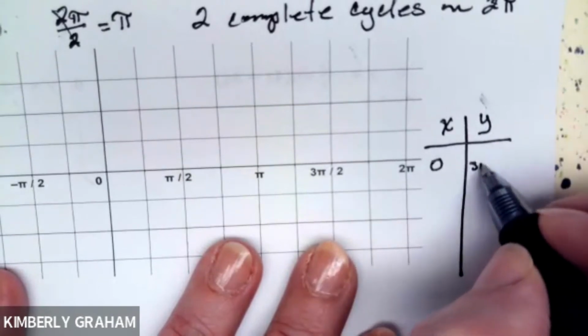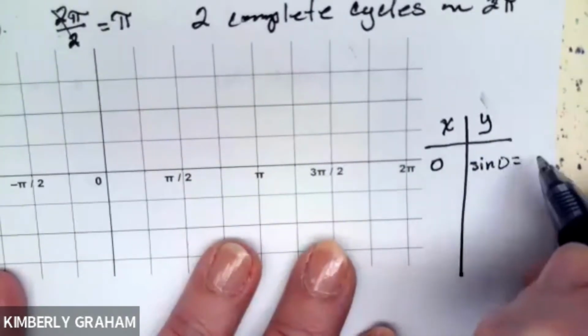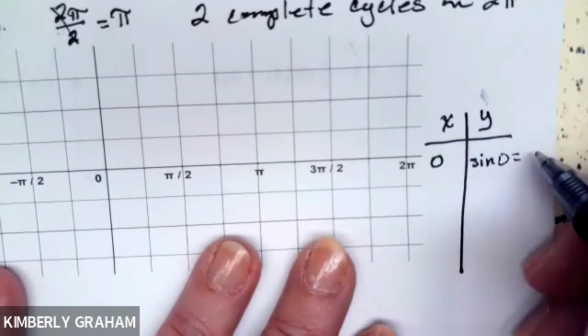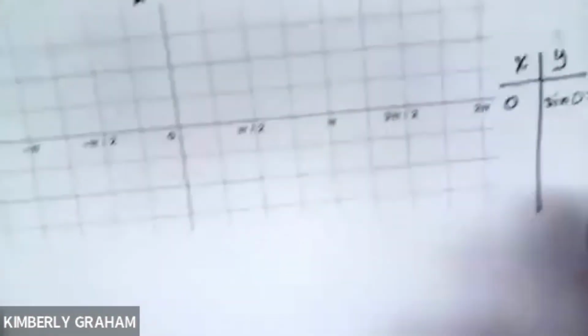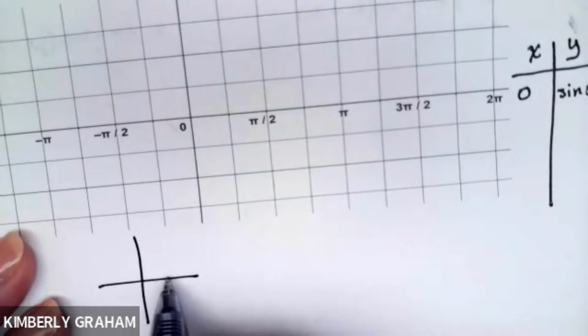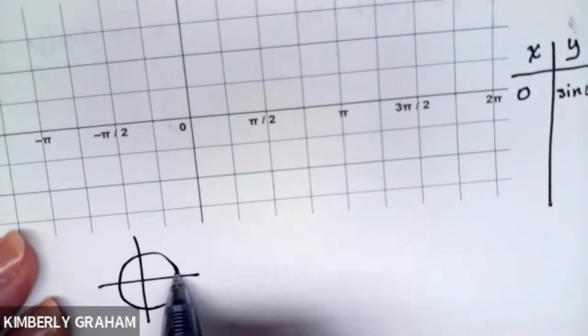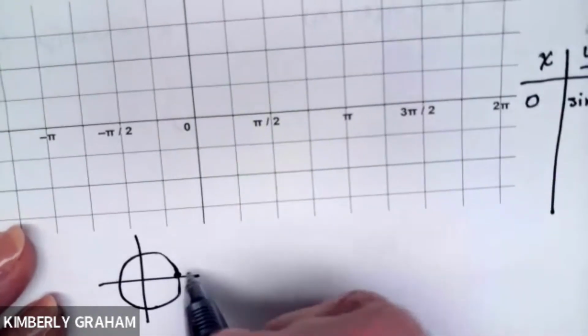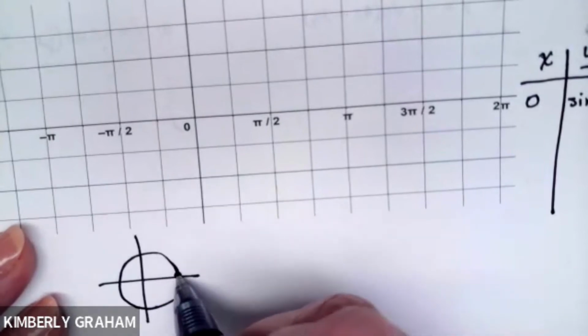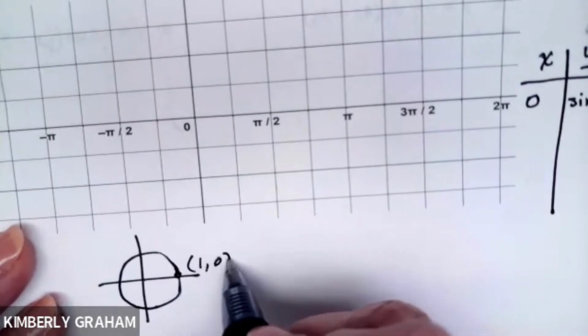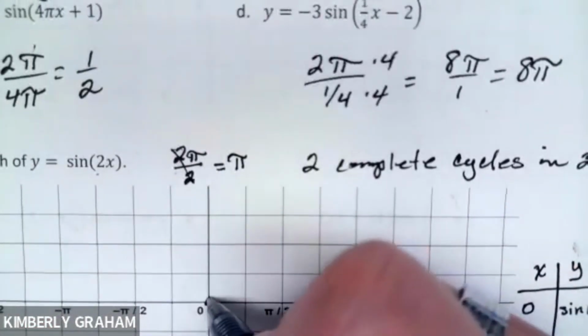So I'm going to have the sine of 0, and that is 0. So if you're thinking about this on a unit circle, remember sine is your x coordinate. So I'm sorry, sine is your y coordinate. So this would be the point 1, 0. So I have 0 here.